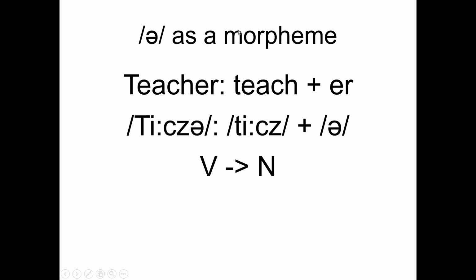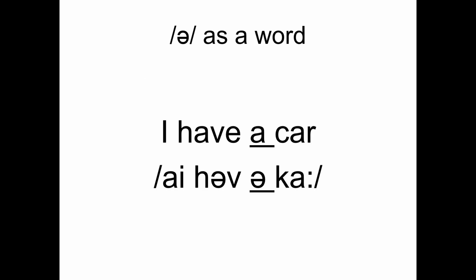And in this case, when you have teacher, teach is a verb, and the schwa in this case is a morpheme because it changes the verb teach into the agent, the noun teacher. So in this case, it's got grammatical function, and so you will refer to it as morpheme. We are going to talk a little more about morphemes in a subsequent lecture.